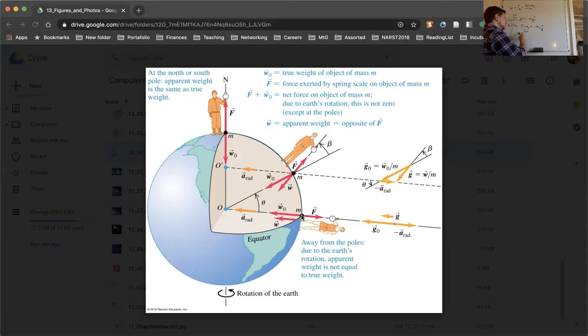So the apparent weight, the reading from that scale, the force that it needs to use to hold us up, is the weight of the object less whatever the centripetal correction is.